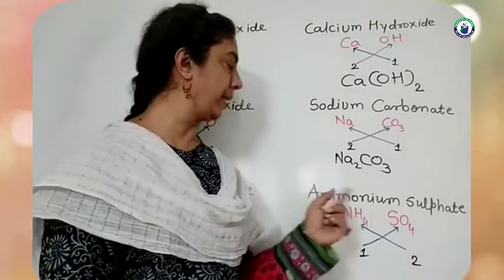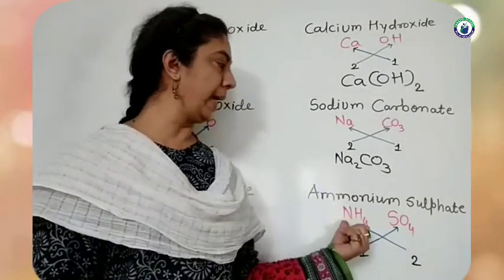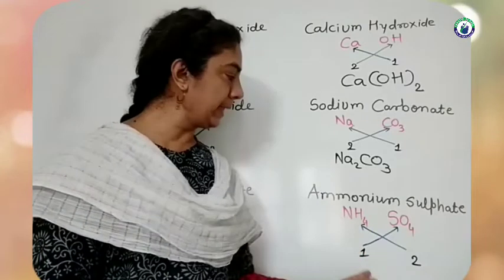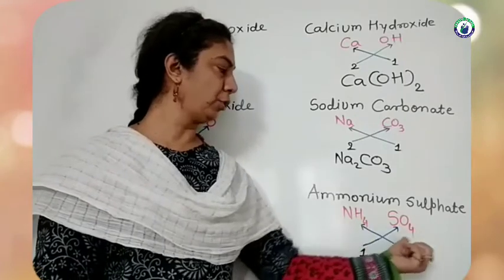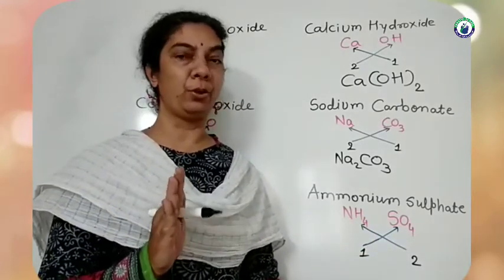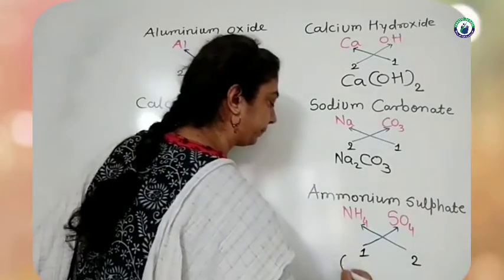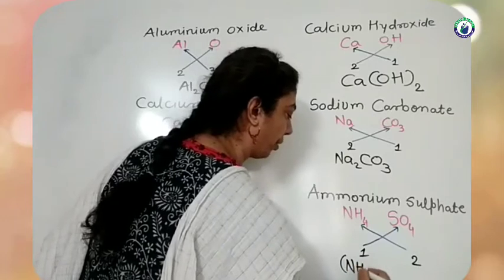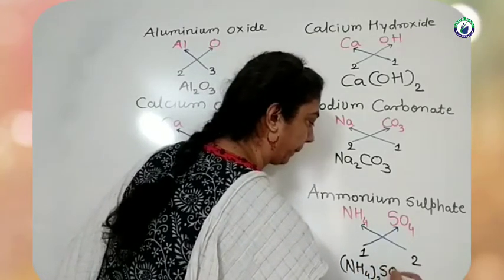In that case, again we have to write subscript 2 for ammonium, so this time ammonium will be written in brackets. SO4 has only one subscript, so no need to show it in brackets. So the formula becomes (NH4)2SO4.